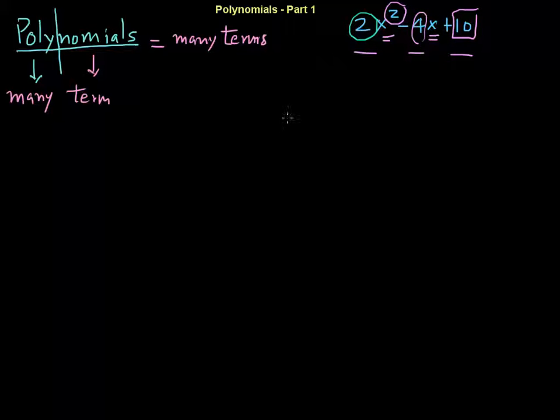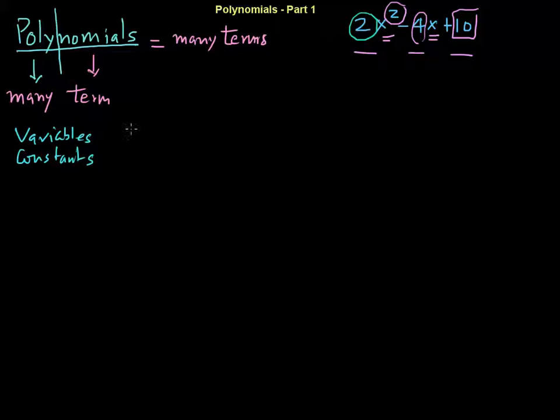Now, the good question is how polynomials are constructed. By definition, a polynomial is an expression, and it uses variables and constants, as you have seen in this expression.